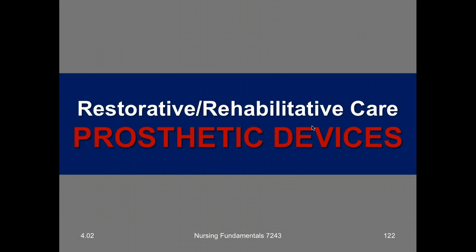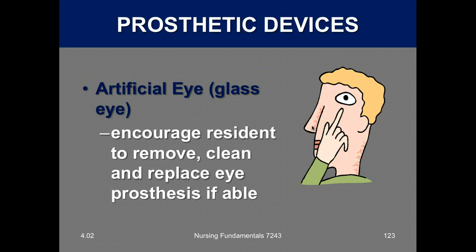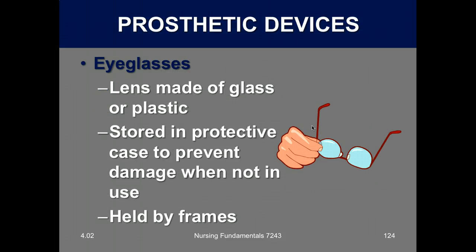So let's move on to prosthetic devices. So some of the prosthetic devices can include an artificial eye. Encourage your resident to remove and clean and replace the eye prosthesis if they're able. Eyeglasses. The lenses are made of glass or plastic. They're stored in a protective case to prevent damage when they're not in use.